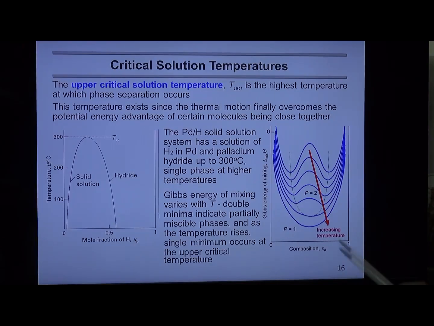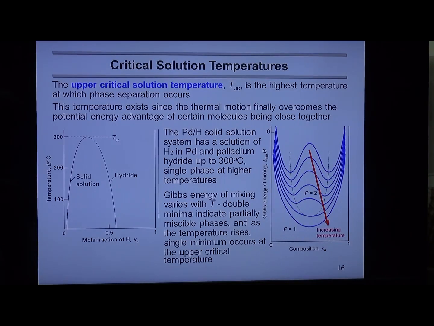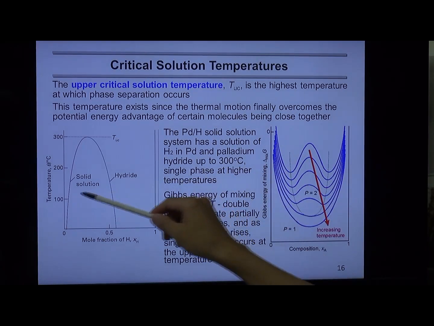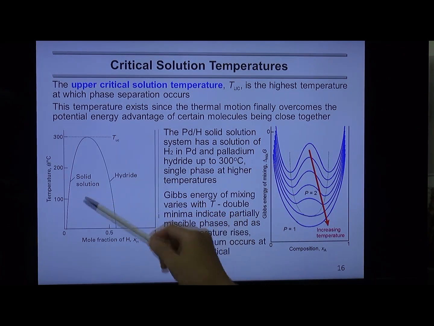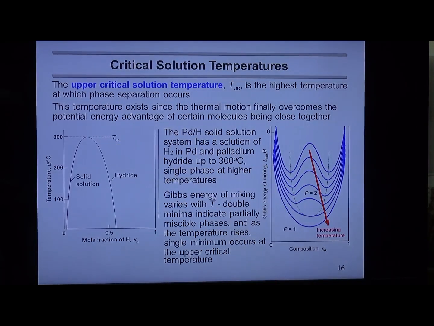But if the temperature is high, then there are no two minima, there's only one minimum, which means that they are totally mixed together, which corresponds to this. When temperature is low, we encounter phase separation, but when temperature is high, there is no phase separation between two different liquid mixtures.